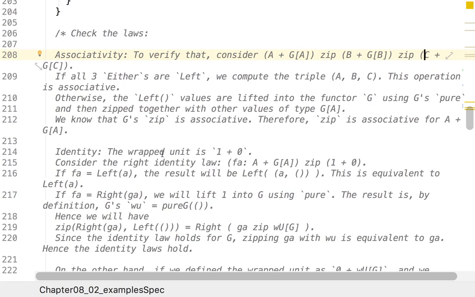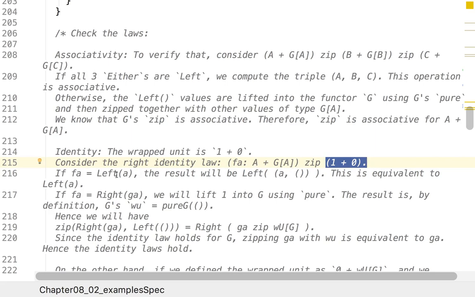Let's check the identity law. So the wrapped unit is on the left. It's a unit in the left part of the disjunction, which I denote like this in my short notation. Consider the right identity law, for example. So we have some FA, which is this type. We zip it with this.